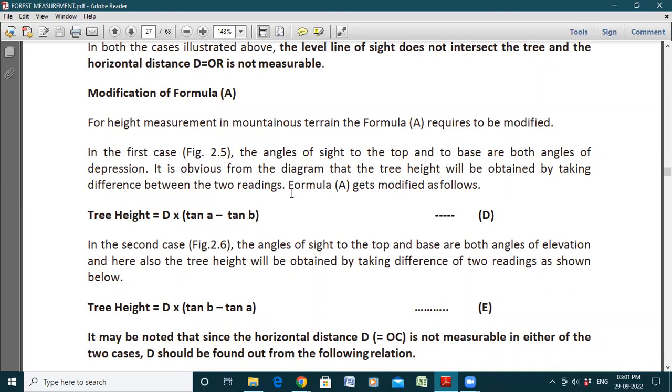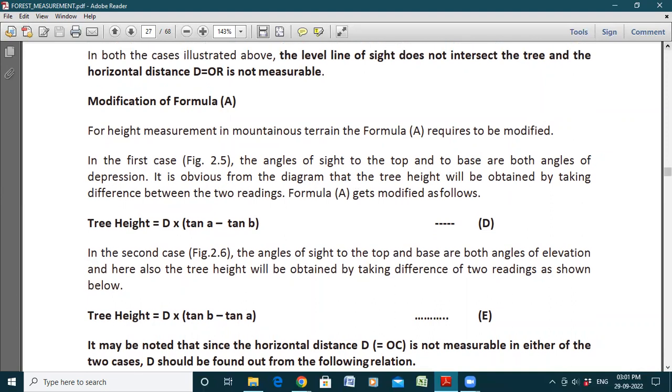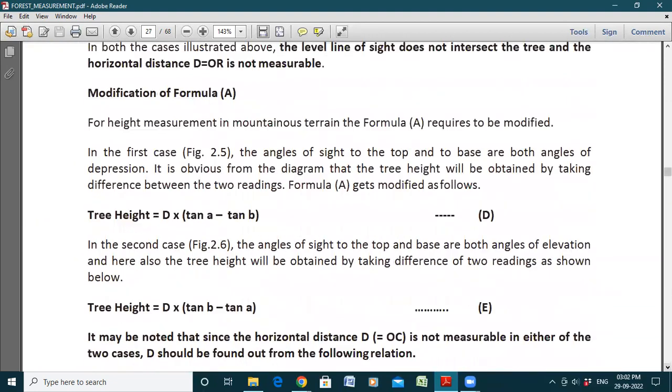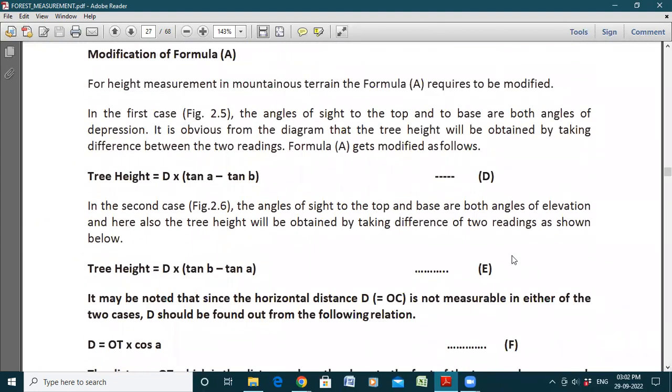So instead of plus, we have to use minus: D into tan A minus tan B. Here angle A is an angle of depression, and B too is an angle of depression. Since the depression angles are given to us, we are considering the formula as modified: tree height is equal to D into tan A minus tan B.